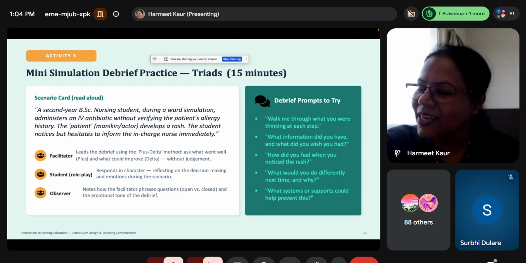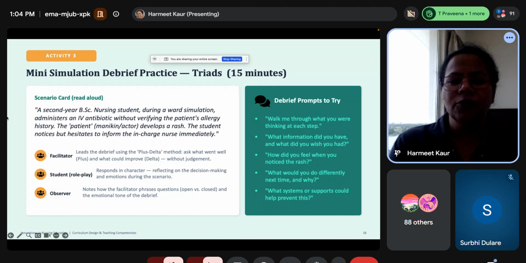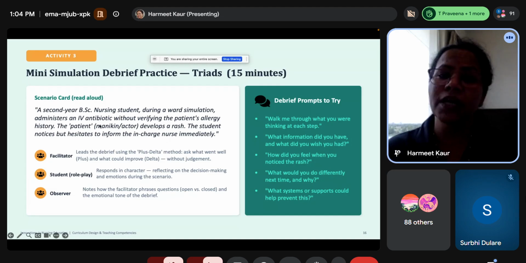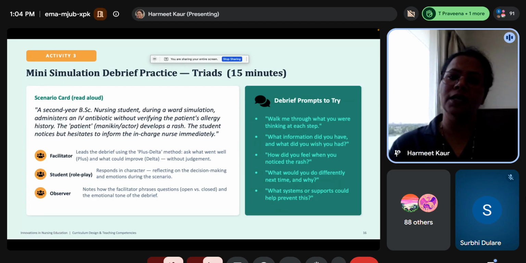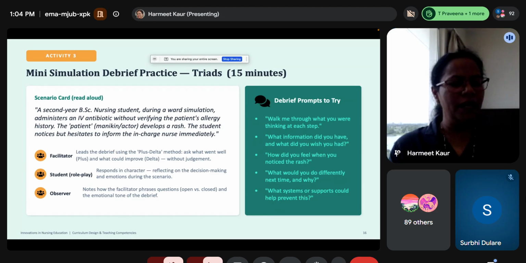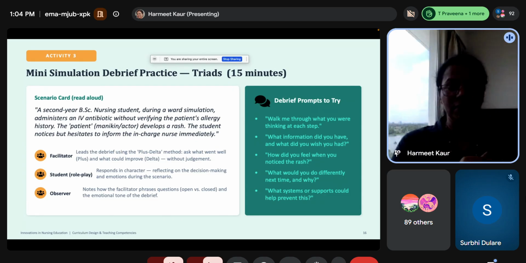You see, here you have a student who has administered an IV antibiotic. There might be one good thing, that the student has administered the antibiotic correctly. The student might have examined whether it is the right patient, the right medication, the right prescription; everything the student has checked.